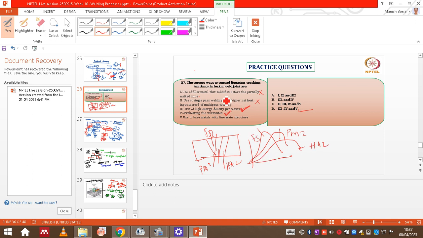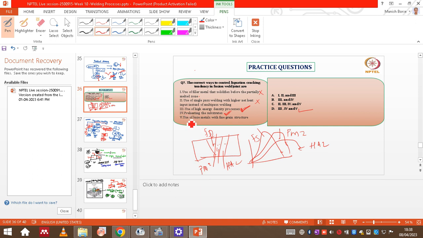The temperature is subjected to different cooling and heating rates, as well as different temperature gradients, as the location is far away from the welded zone, right?